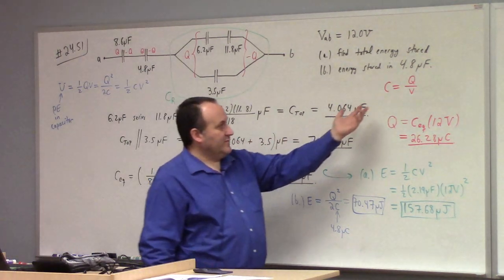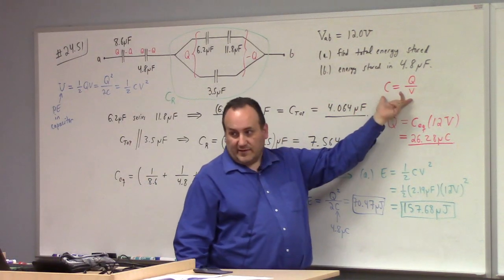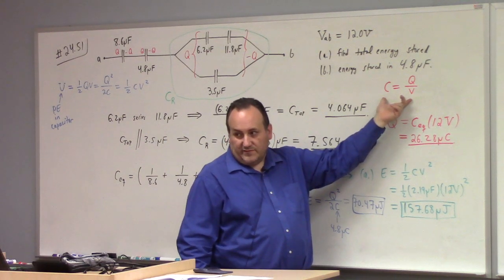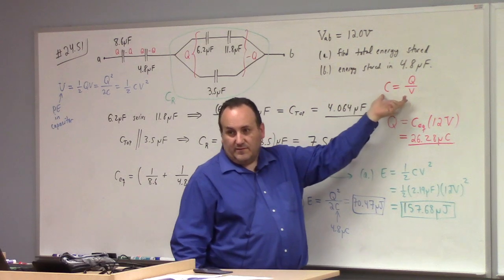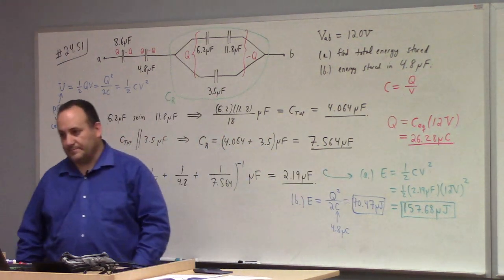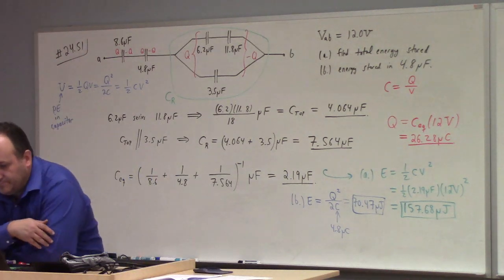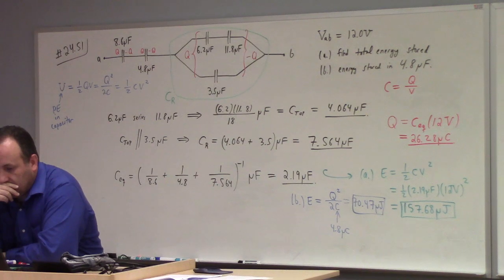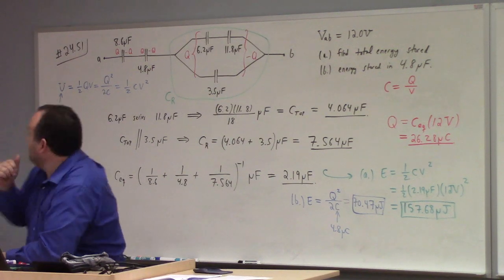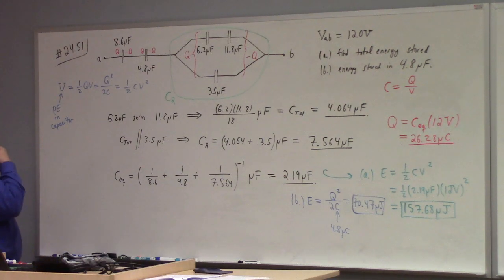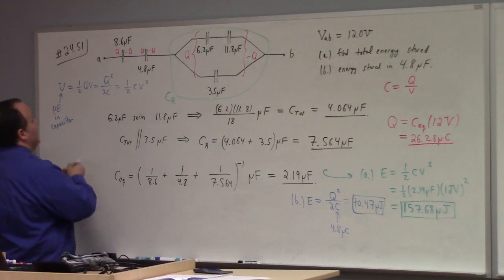The capacitance is the ratio of the charge to the voltage for the capacitor. So if you know the charge, you know the voltage. If you know the voltage, you know the charge. If you know the capacitance, they're connected by that formula. So if we need to find the energy on the 8.6, it would just be the same charge divided by 3 times that, right? Right, yeah.